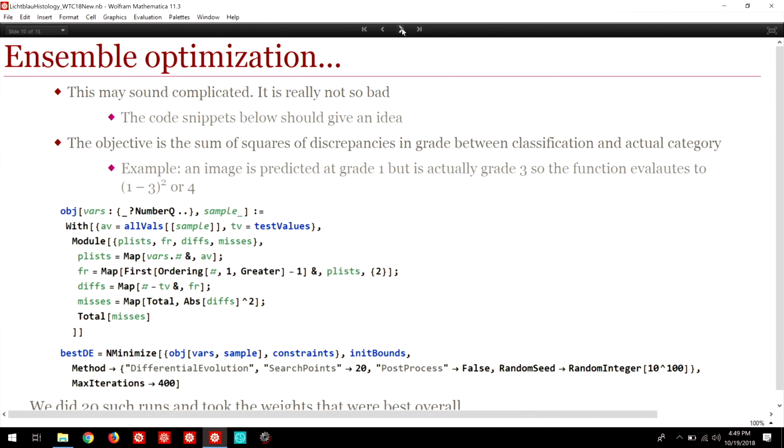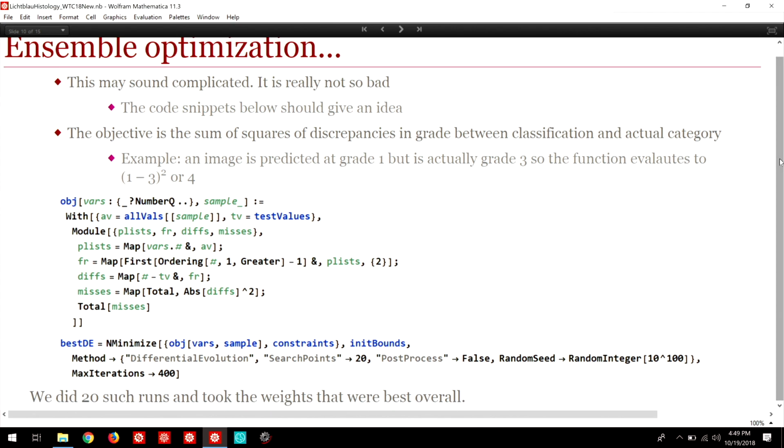These classifiers deliver probabilities or surrogates for probabilities, and we weight these and sum them, and then the highest sum determines what grade of cancer, 0 through 3. The highest sum wins for our classification.